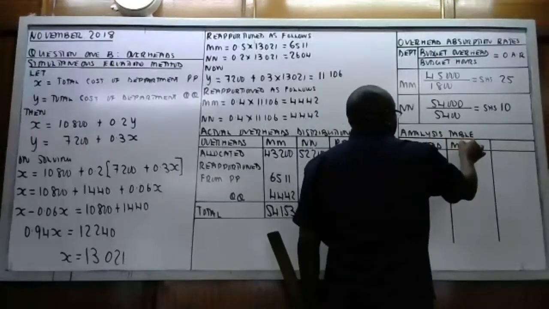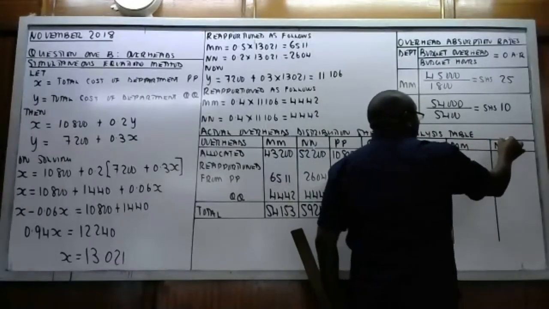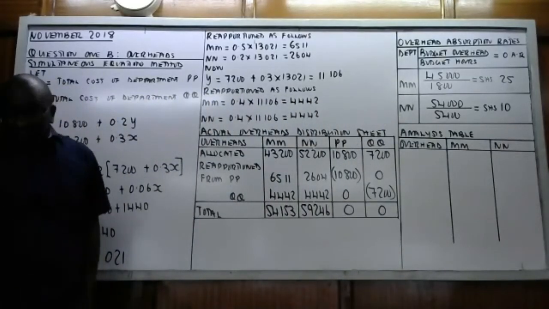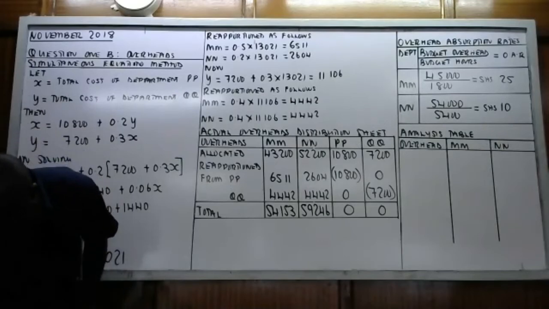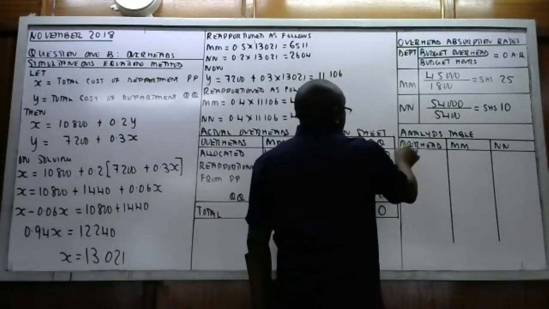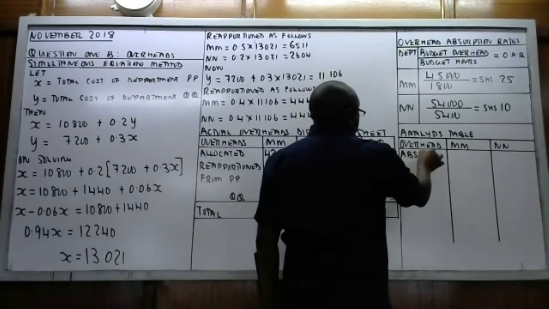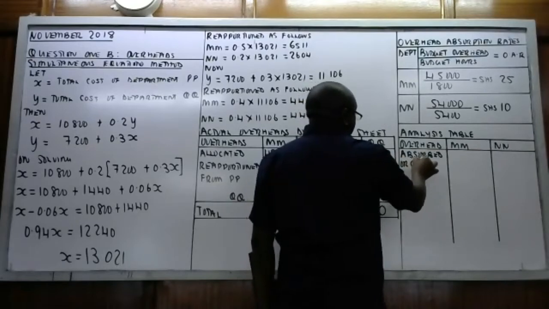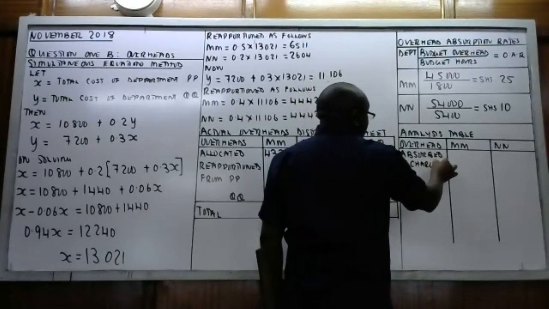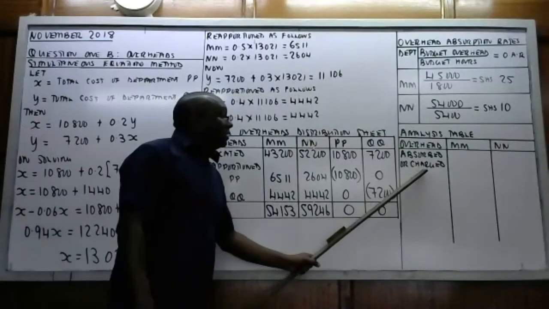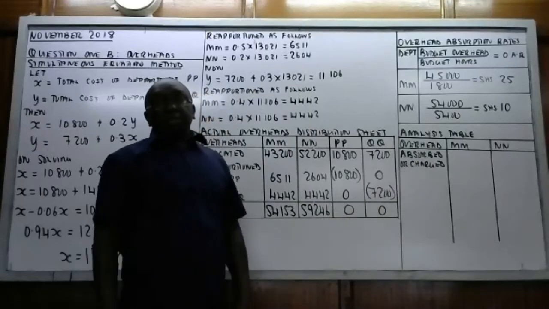Then I have MM and NN. So the overhead absorbed is also the other word for charged. So this is now the time we are giving the answer for Roman 1. When you see the word charged, it is the other word for absorbed.